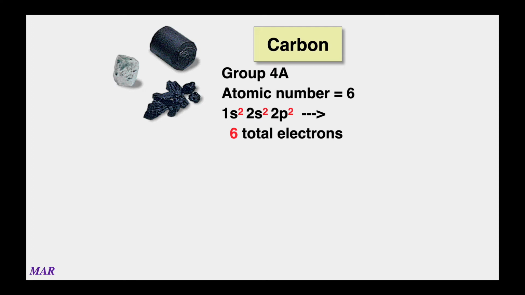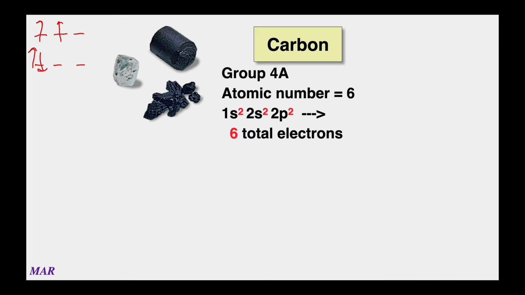Remember that the 2p's have 3 orbitals to them. You could put 1 electron by itself in the first one and 1 electron by itself in the second one, which would make it paramagnetic. But you could also put both electrons in the same box like that, making it diamagnetic.